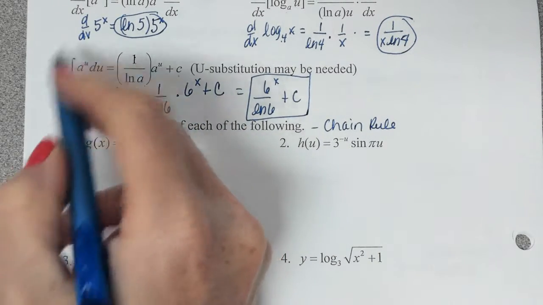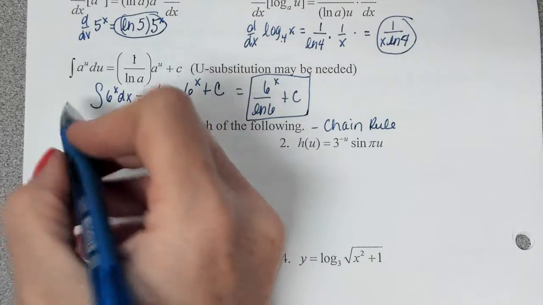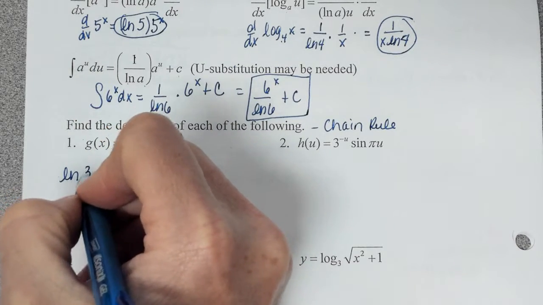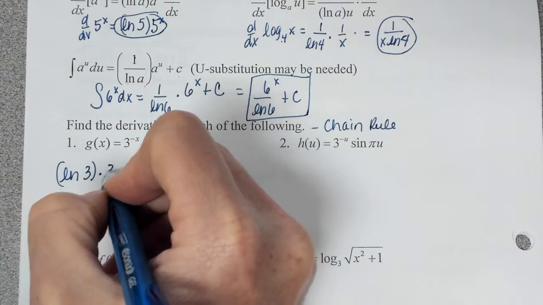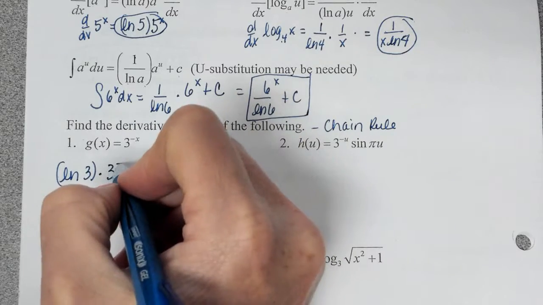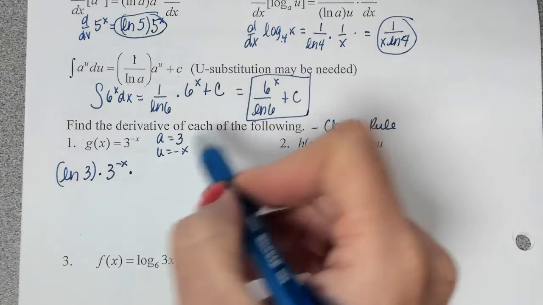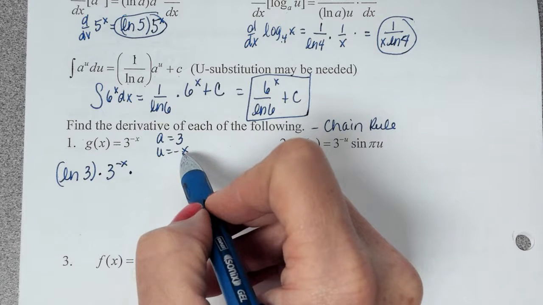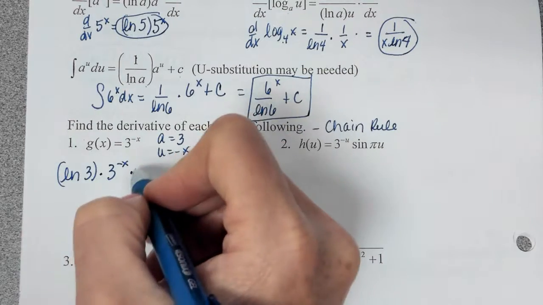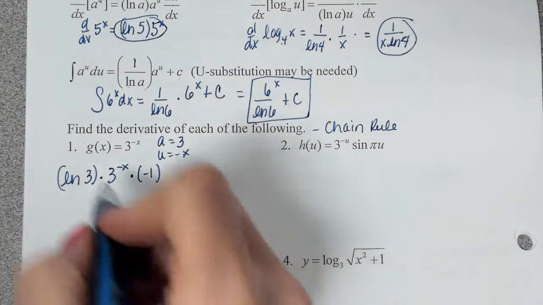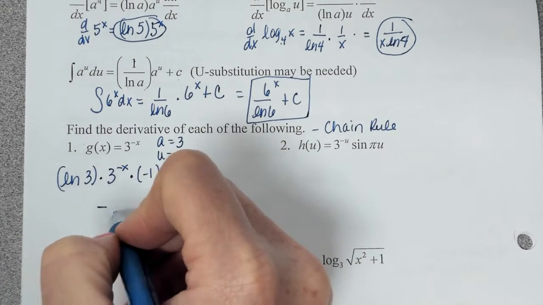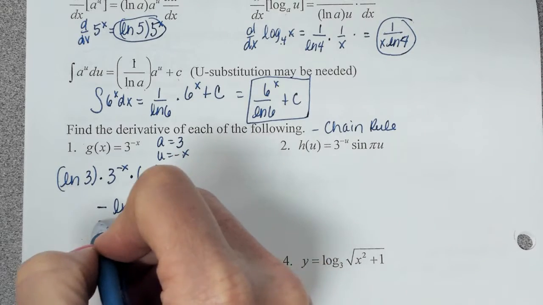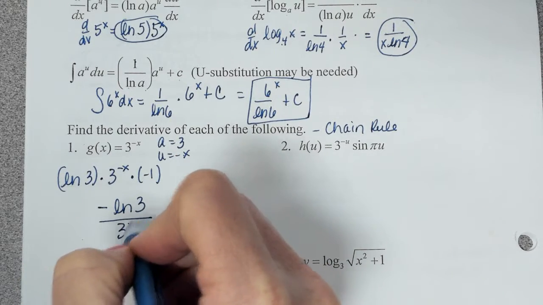So to find this derivative, the derivative of a to the u is the natural log of 3 times 3 to the u, which is negative x, times, we have to use the chain rule, what's the derivative of negative x? Negative 1. So my final answer would be negative the natural log of 3 over 3 to the x.